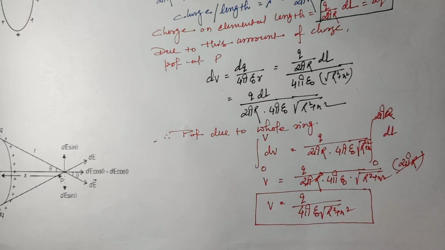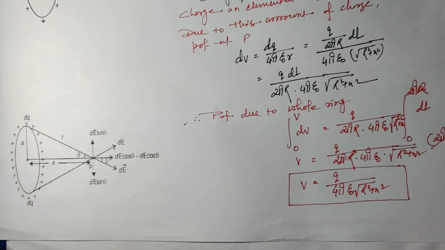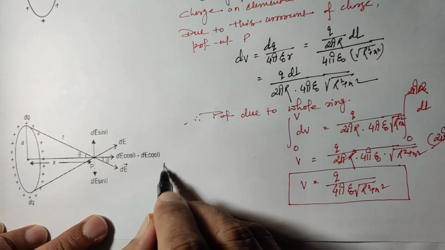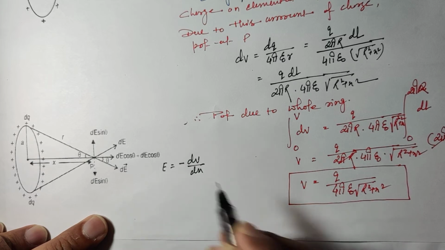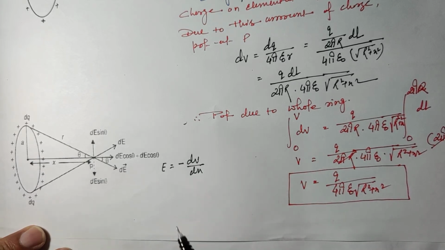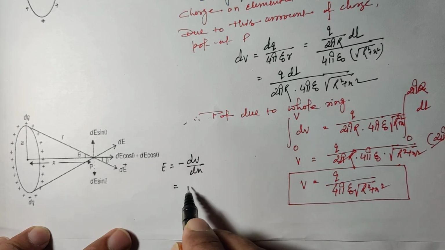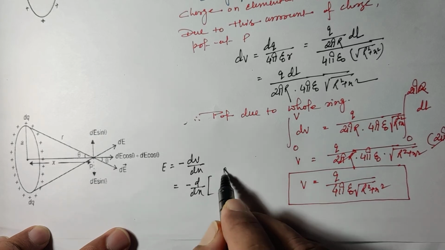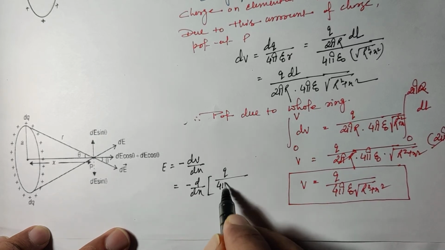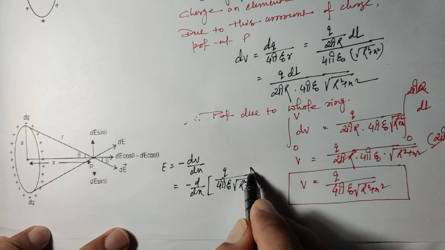Now, keeping in mind the relation between intensity and potential, which says that intensity is given by minus dV by dx. Hopefully you all know this relation. So putting the value of V in this expression, we will get minus d by dx of Q by 4 pi epsilon naught root over R square plus x square.